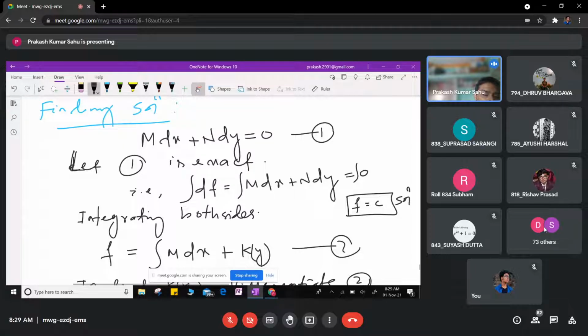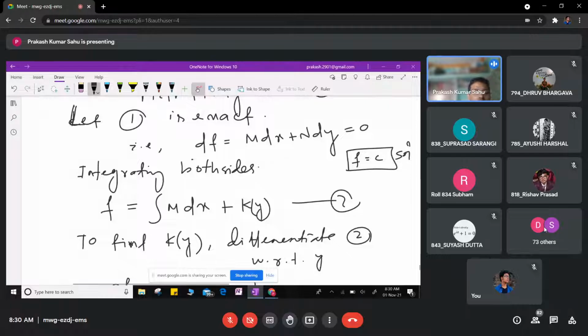What will be the value of f? We have to find the value of f. Integrating both sides, the left hand side will be f, because the integration of df is f. But on the right hand side, two variables are there, x and y, and either you can integrate with respect to x or y.